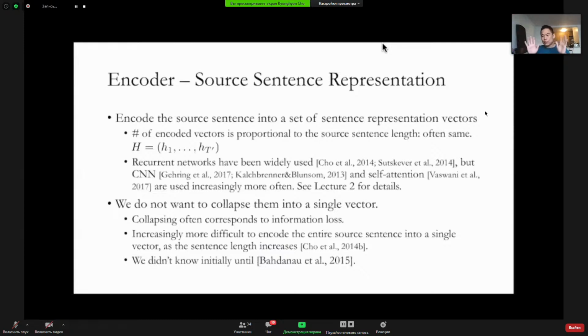Now here, of course, we don't need to do that kind of pooling. However, we need to turn the input sentence into a set or sequence of vectors. So we can use recurrent nets, convolutional nets, or self-attention, all the things that we talked about, to build this encoding part of the neural machine translation system.